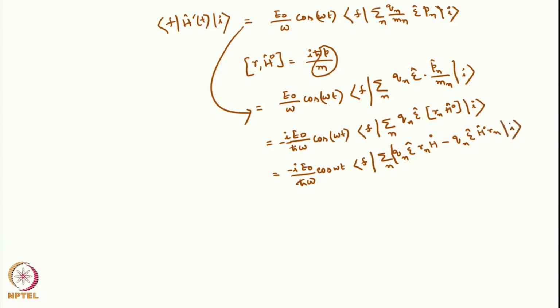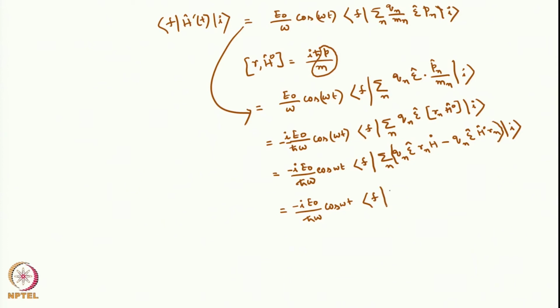I have just expanded this commutator, r n h naught, because it will be r n h naught minus h naught r n. So, this will be equal to minus i E naught by h bar omega cos omega t. I will write it as 2 separate integrals, because there are 2 terms here.